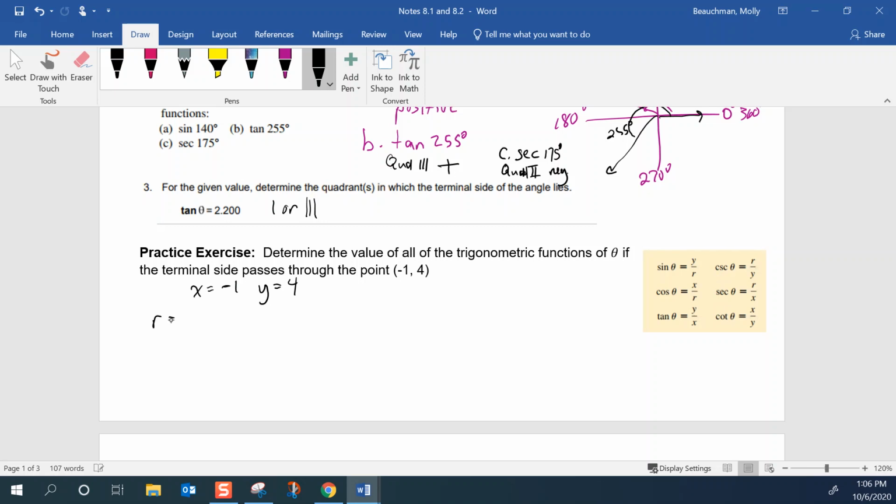So r is going to equal the square root of x squared plus y squared. So r is going to equal the square root of -1 squared is +1, 4 squared is 16. 1 plus 16 is 17. So we're going to use r is the square root of 17.